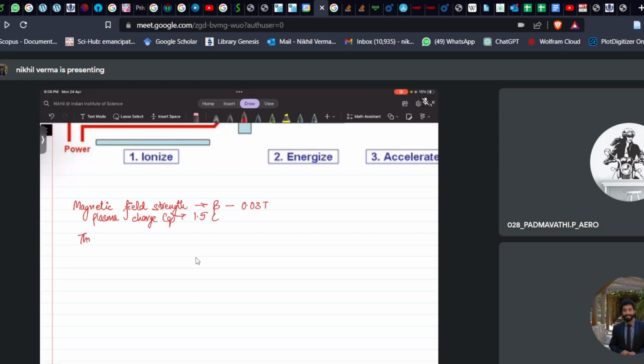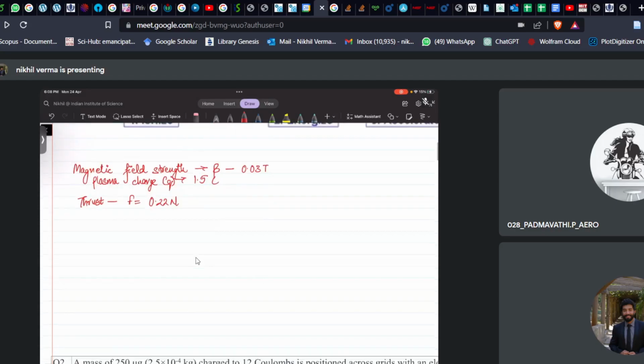The thrust that it generates is given as 0.22 Newton.